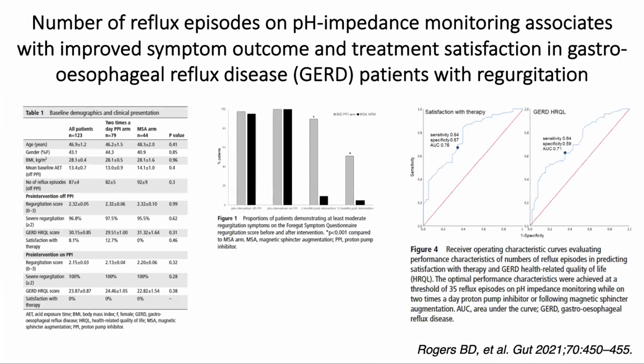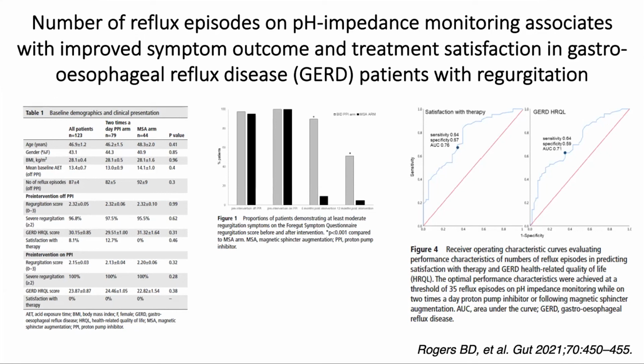This study, performed at Saint Louis University and the Mayo Clinic in Colorado and Arizona, aimed to determine if the number of reflux episodes was associated with the therapeutic outcome in regurgitation predominant GERD. Patients were randomized in a 2-to-1 allocation to receive a double dose of PPI or magnetic sphincter augmentation. Impedance pH analysis was performed pre and post-treatment, and the outcome was evaluated with the Foregut Symptom Questionnaire and health-related quality of life.